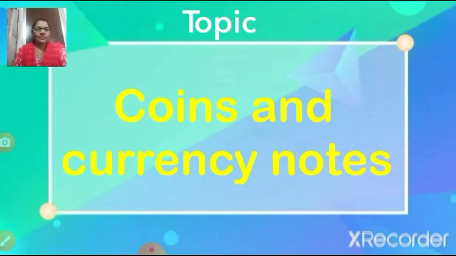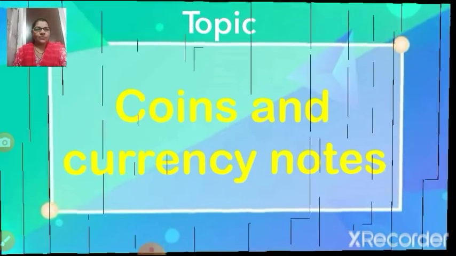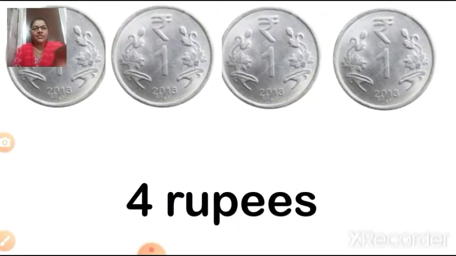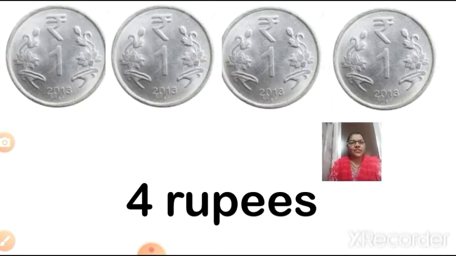Okay children, so look here. Now children, just pay attention, look at the screen and tell me how many 1 rupee coins you can see on the screen. You have to count in your mind. Yes, 4.